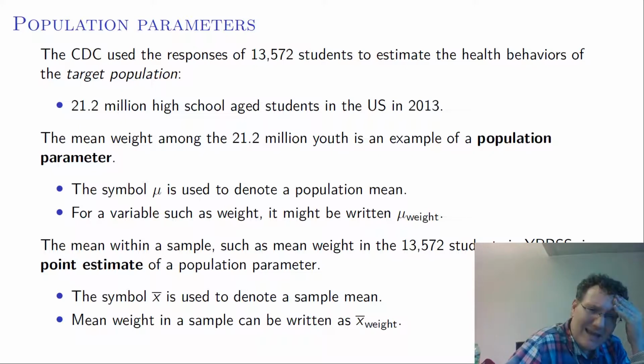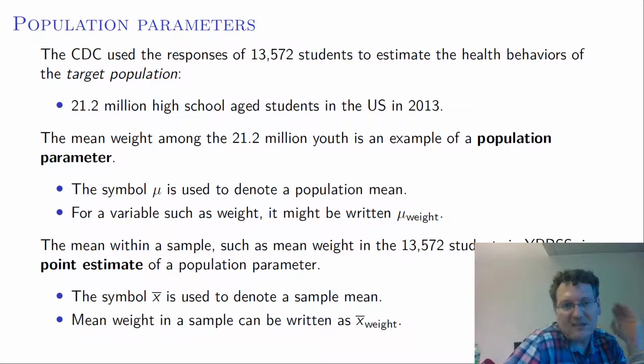If you're trying to make an estimate of the population parameter, there's a couple kinds of estimates we'll look at. The simplest is called a point estimate, and that's where we just try to get a number that's as close as possible. And the best point estimate turns out to be the sample mean. So the sample average is the best point estimate of the population average.